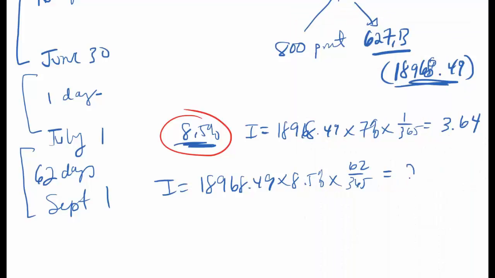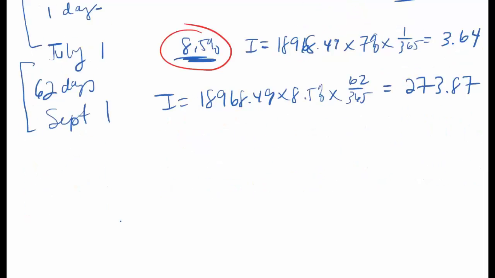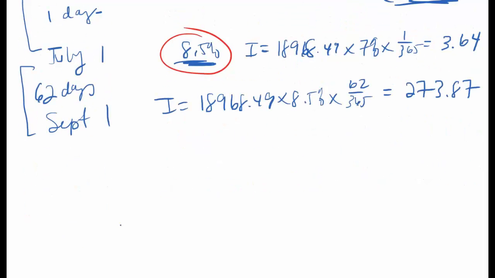This is $273.87 interest from July 1st to September 1st. No payments have been made again. So the next date, if you read the question, is September. Oh no, it's October 10th.